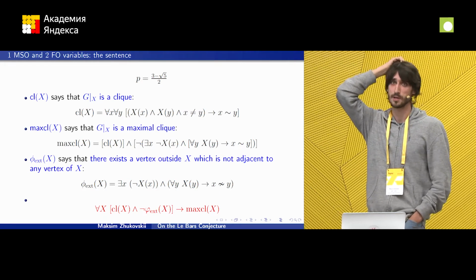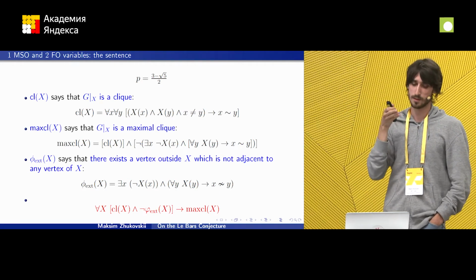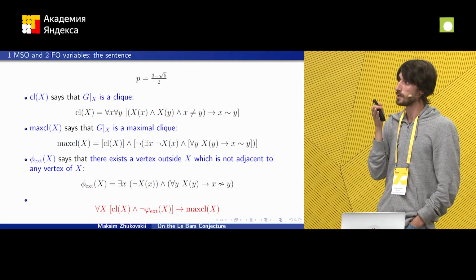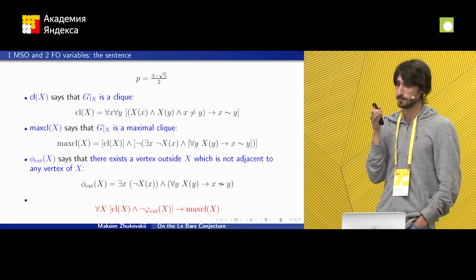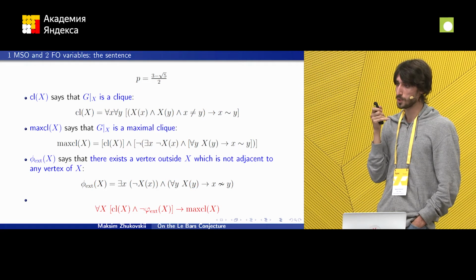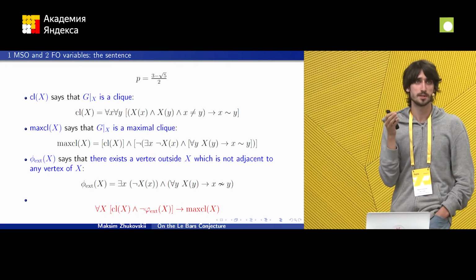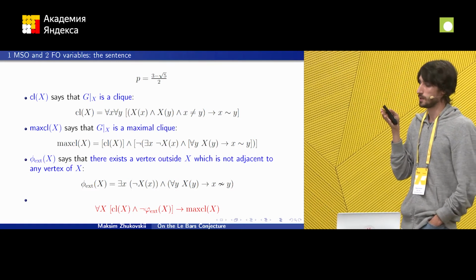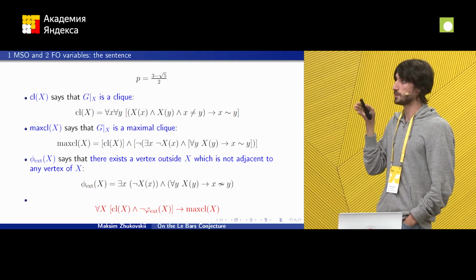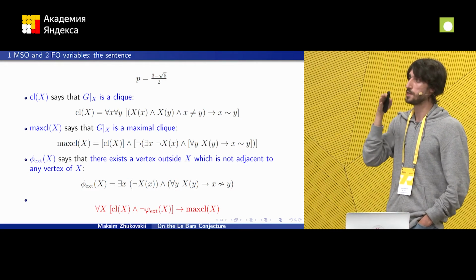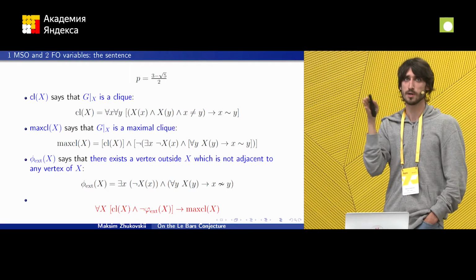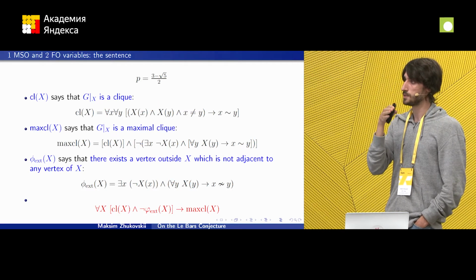I will try to explain. You can see that this sentence is not monotone, but it is convex. What does it mean? Convex means that it is an intersection of increasing and decreasing properties. So if we change P from 0 to 1, its probability behaves in the following way.